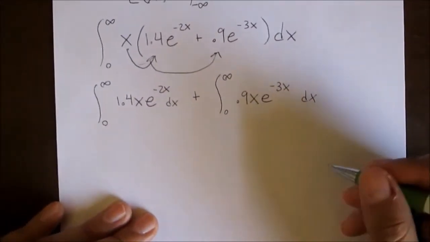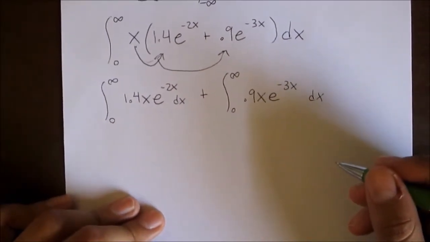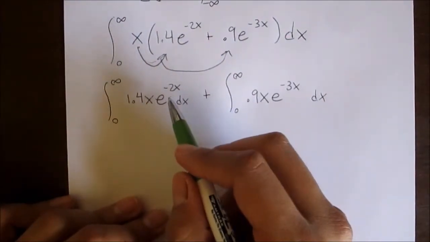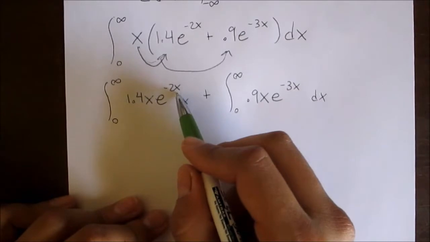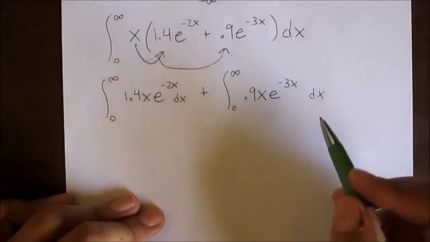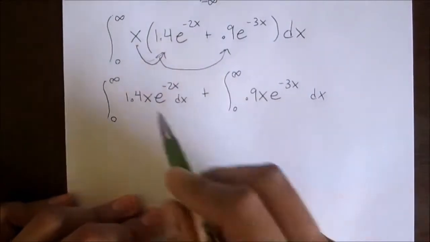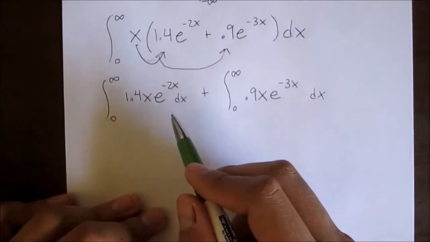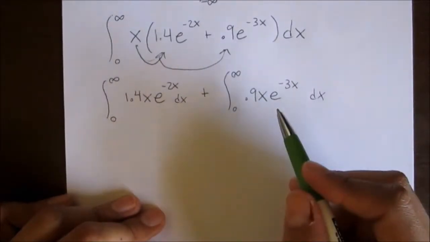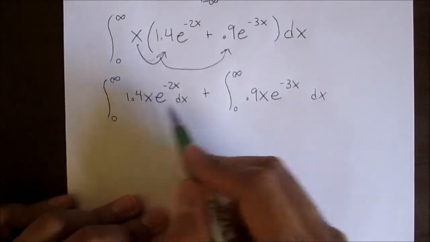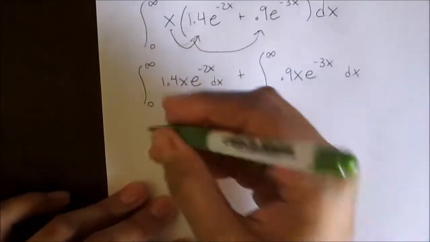Okay, so now if we think about this, normally with e functions we look at this and we try to create a U-substitution, but unfortunately we can't do that because of this x here. So this actually is an integration by parts problem. And so what I prefer to do for both of these is to take these constants out of the problem.